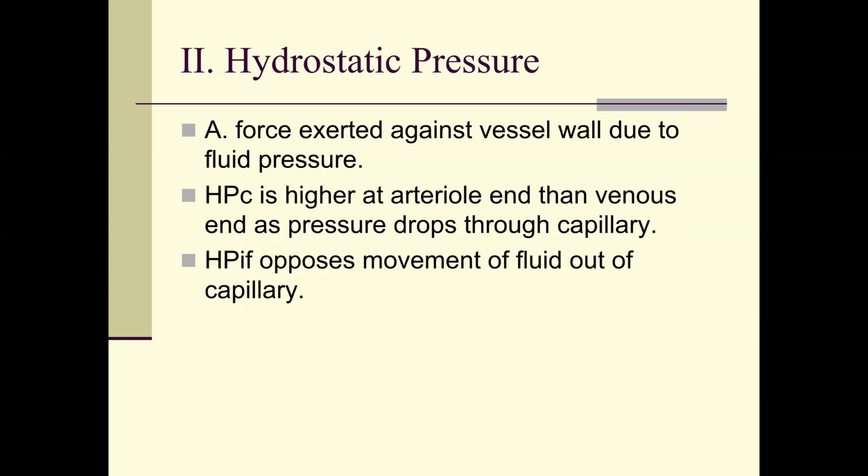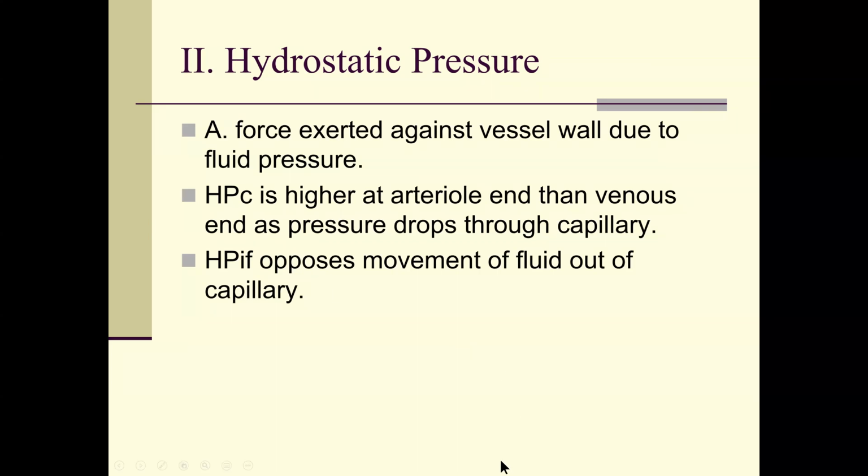Hydrostatic is fluid. So the fluid pressure inside the capillary is pushing against the fluid pressure outside the capillary in the interstitial fluid. And whichever one has the highest number is the way the fluid is going to move.